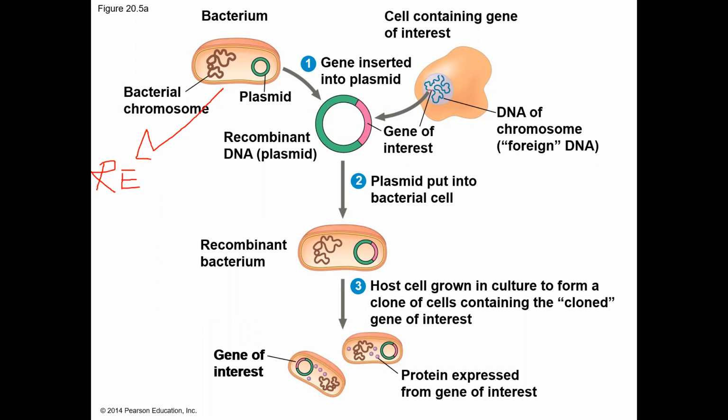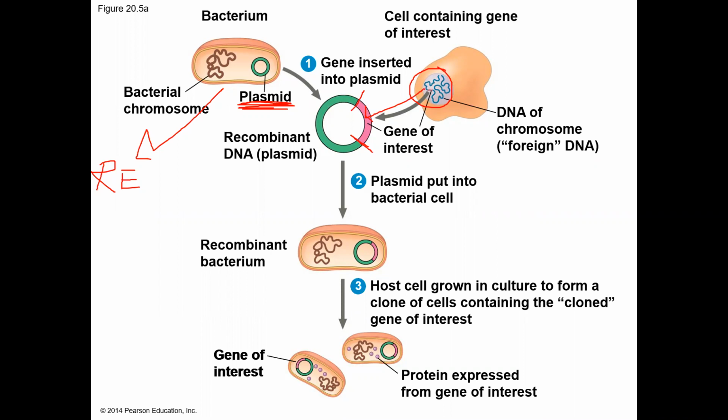What you do is you take your plasmid, you isolate it from the bacterium. You're going to cut it with a restriction enzyme, and that's going to leave a gap in the circle. In that gap, you can now take a gene from another organism, whatever you're interested in, and you can insert it into that plasmid.